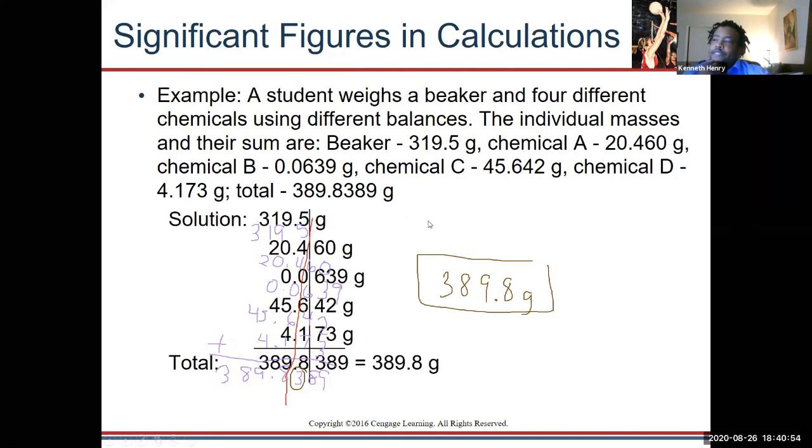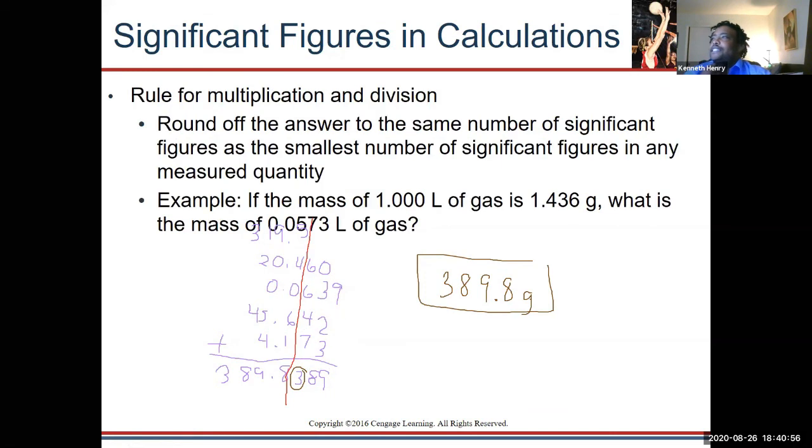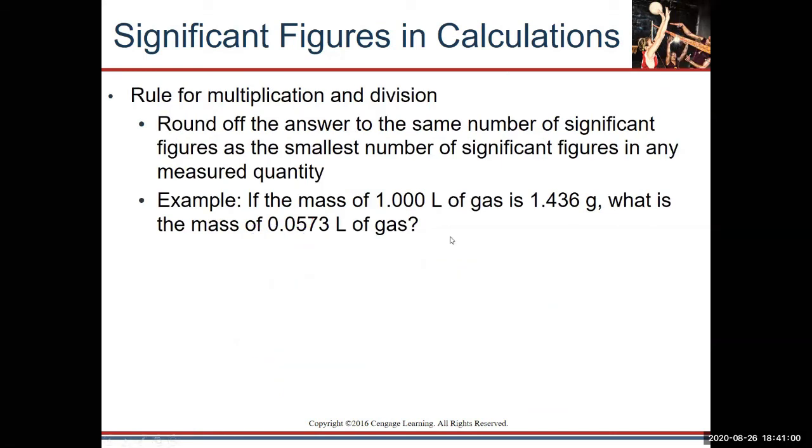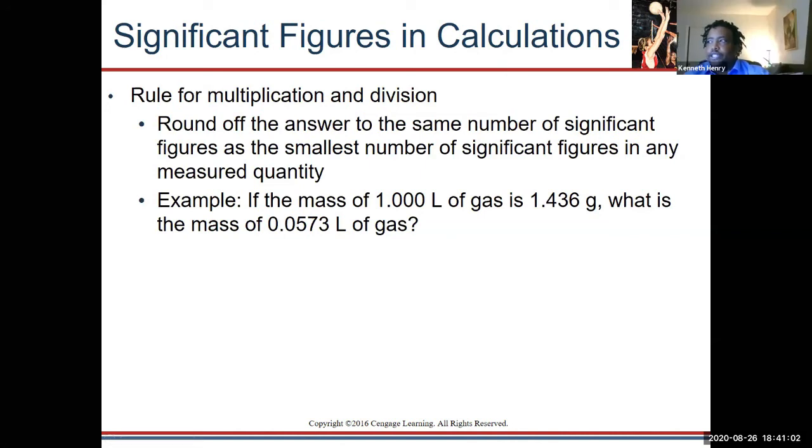Okay, so our next question. Multiplication and division, right? We've talked about that. In this case, we figure out the one that has the least number of significant figures.